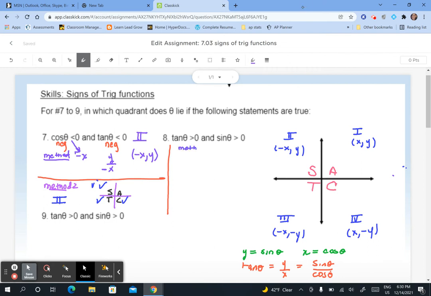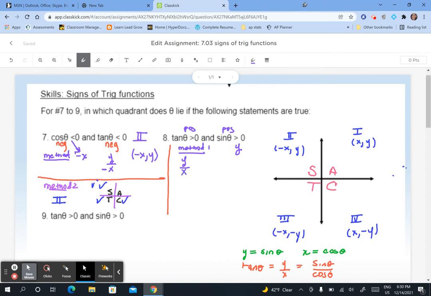We know tan is positive, and we know sine is also positive. Well, sine represents y, so I can express sine of theta as positive y. I know tan can be written as y over x.